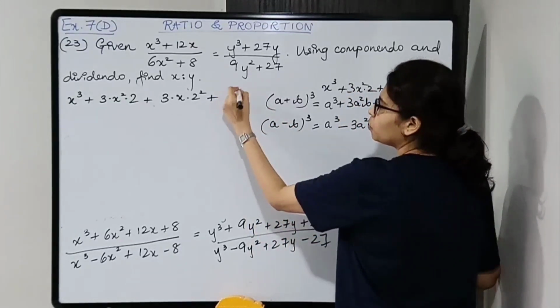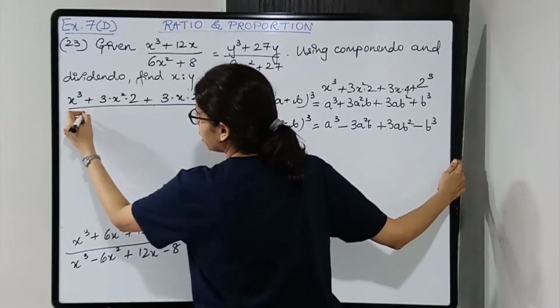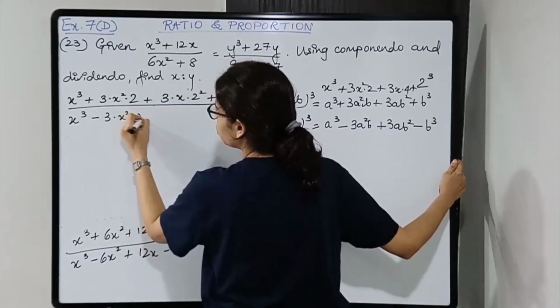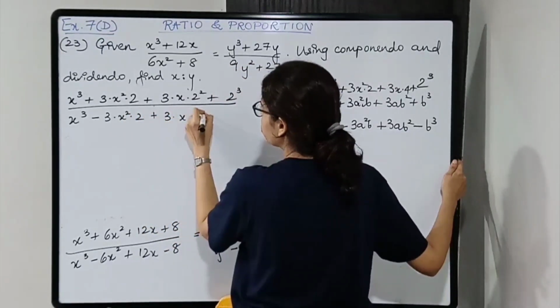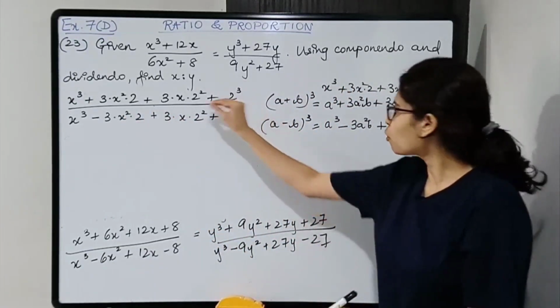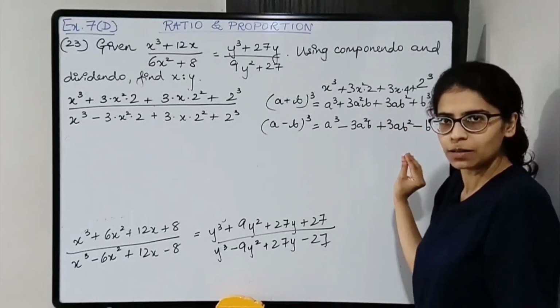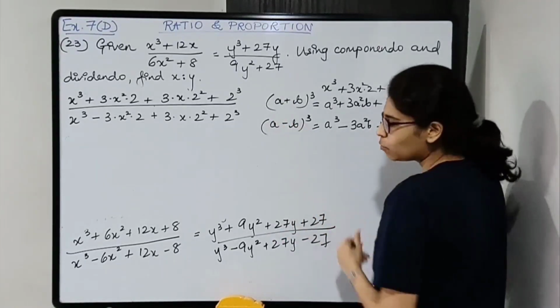So 2 cube. Upon over here x cube minus 3 into x square into 2 plus 3 into x into 2 square plus 2 cube. Okay, so we have it in proper identity form. Okay, दोनों identities देख लो एक बार. Same thing in RHS. Okay, RHS में same हो जाएगा.